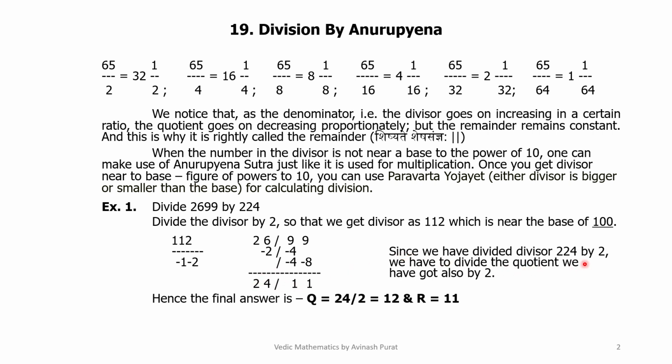Since we have divided divisor 224 by 2, we have to divide the quotient we have got also by 2. So hence the final answer is quotient Q equal to 24 by 2 equal to 12 and R equal to 11.